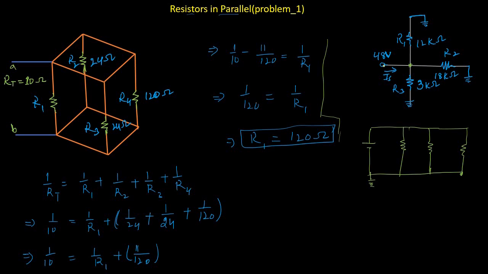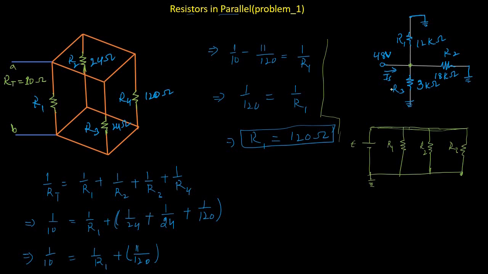The positive side of this DC voltage source is connected to this point, and the other side of the DC voltage source is connected to the ground. Let's say this voltage source is E, and the resistances are R1, R2, R3. From this we can easily see that these 3 resistors are in parallel with this DC voltage source.